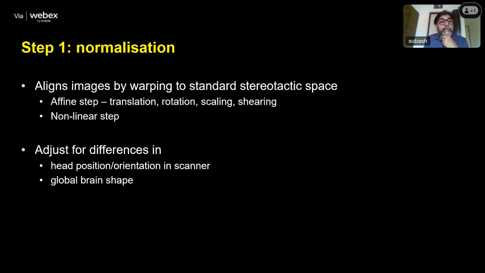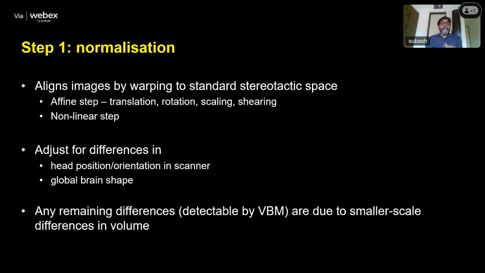So the normalization process is aligning images by warping to standard stereotactic space, and as I told you last time in functional MRI, the brain is a 3D object, and you can take it as a solid structure, which can be defined by translational and rotational parameters.